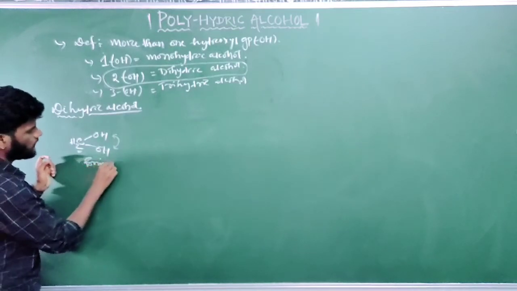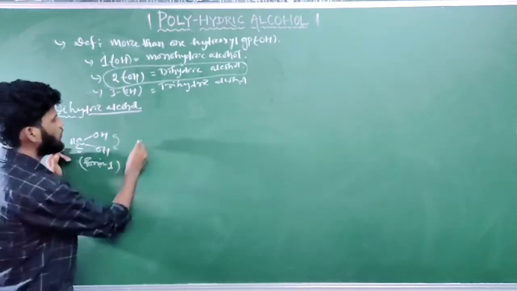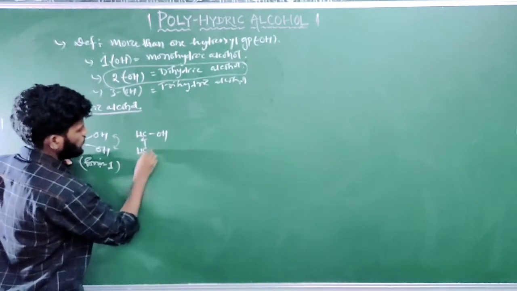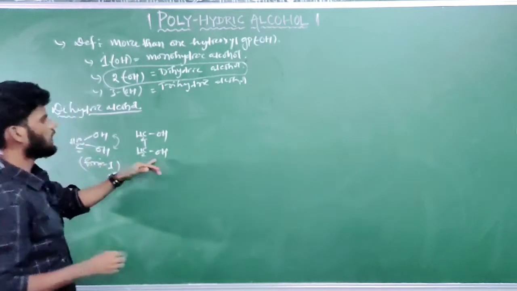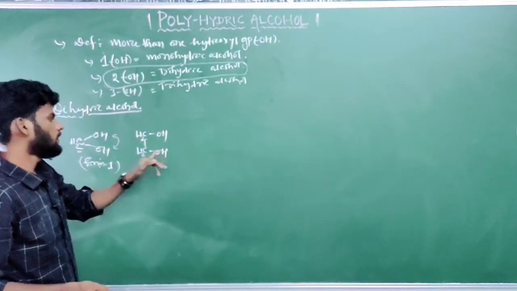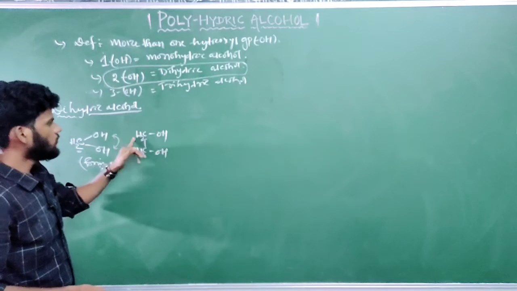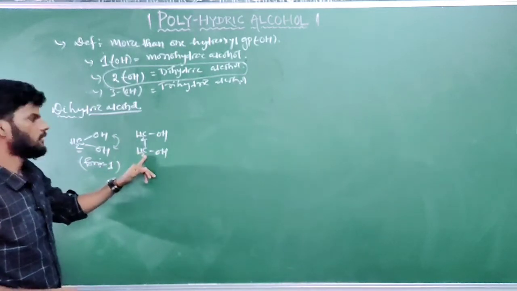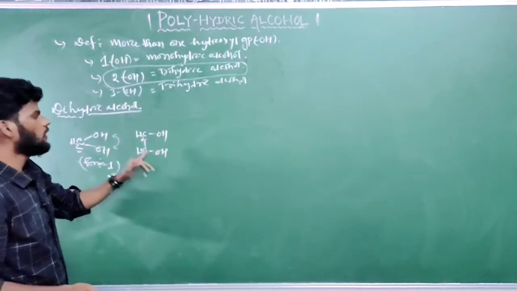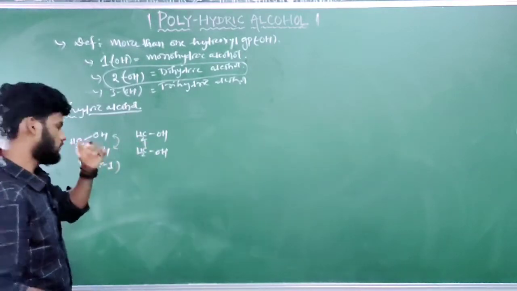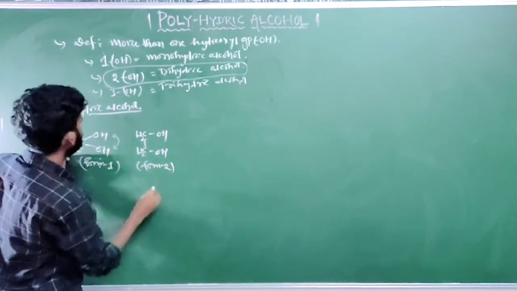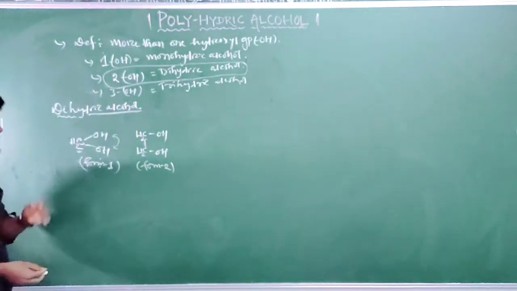In form 2 we can write CH2OH, which is also a dihydric alcohol where two OH groups are attached to two different carbons. This is form 2. In two forms dihydric alcohol can be written.